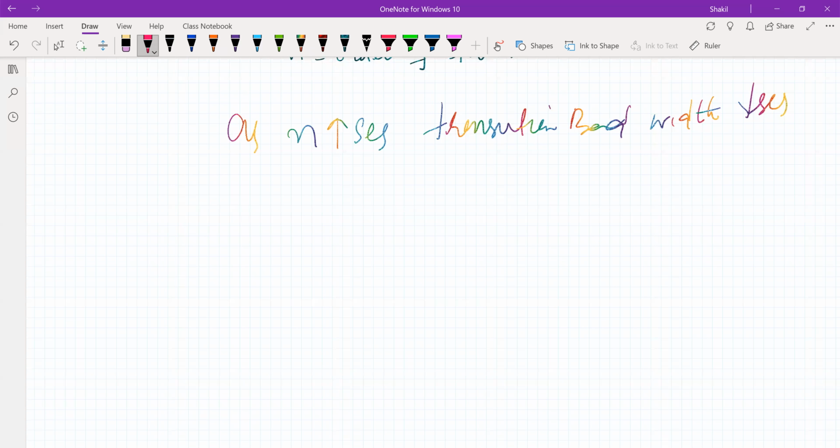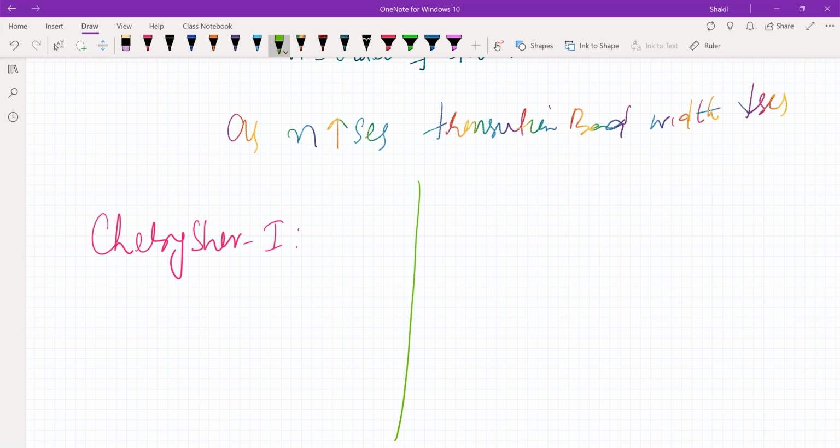Now the Chebyshev type 1 filter. The frequency response of this filter allows a ripple in the pass band. If I take the Chebyshev low pass filter, you will see the characteristic looks like this.